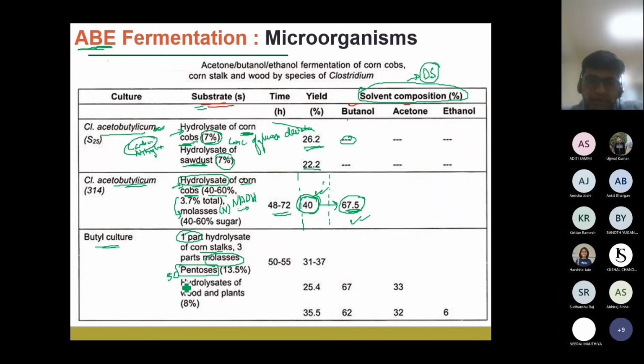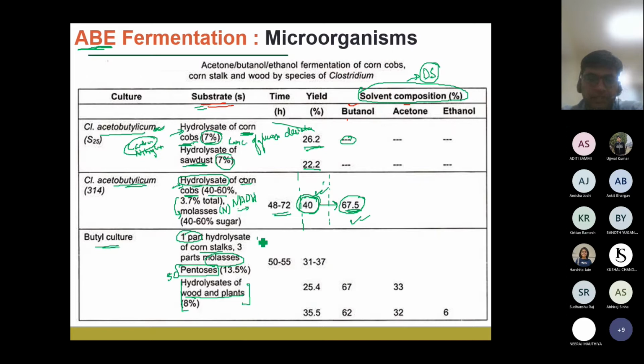Another hydrolysate that can be used is the hydrolysate of woods and plants. We know that plants and woods are waste products, so it is possible to use the hydrolysates of wood and plants. Now let us look.